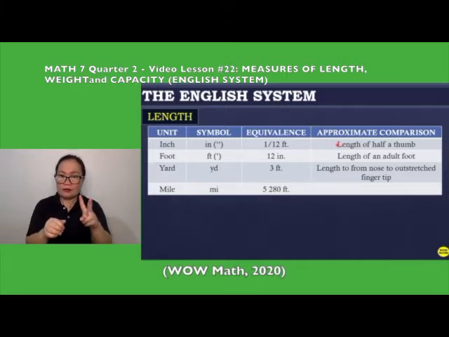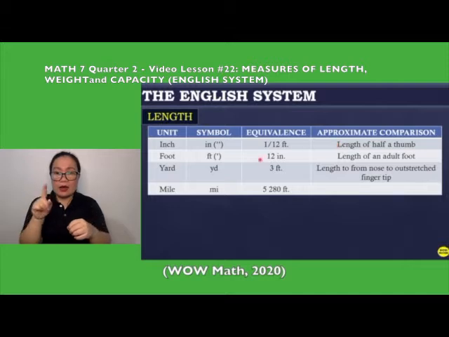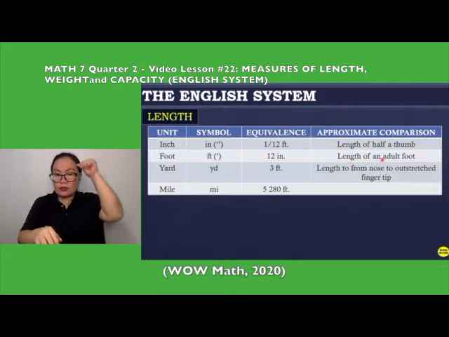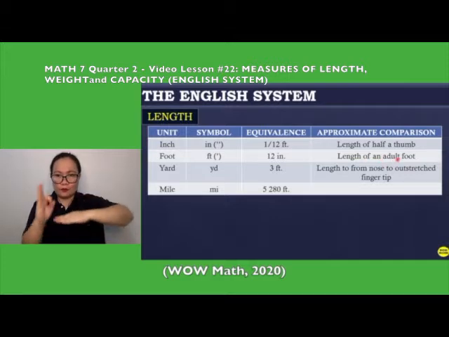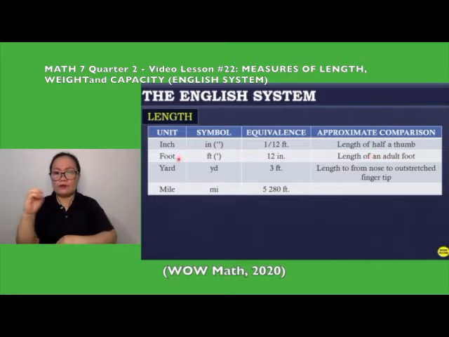So, tingnan mo yung thumb mo, yung gitna niya, yung guhit dyan, that is half of your thumb, that is actually 1 inch. That is an approximation. Okay? And then for 1 foot, that is equivalent to length of an adult foot. Okay? So, yung paa ng isang adult, yun po ang approximation ng 1 foot. Okay, again ha, this is just approximation.